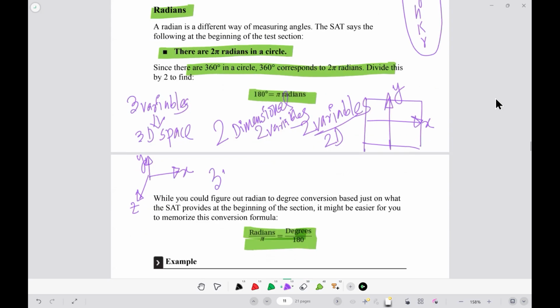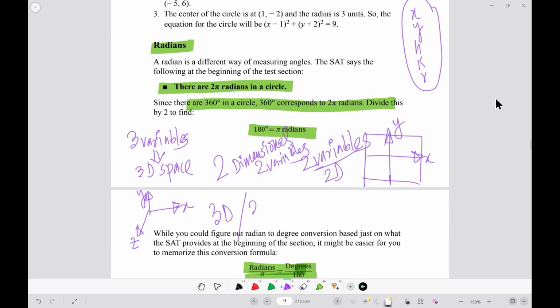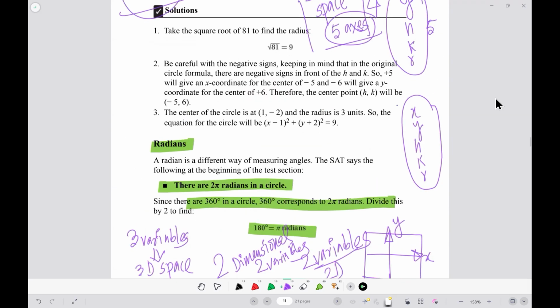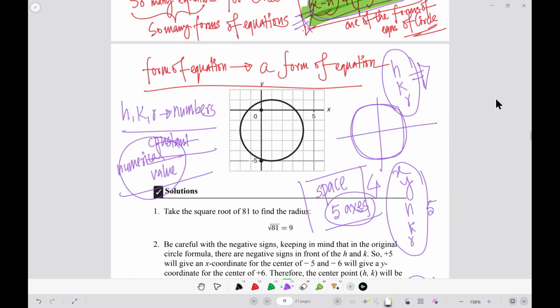So this is three-dimensional because we have three variables. So if this equation has five different variables, then it will become a 5-dimensional equation, but that's not possible. It's wrong.